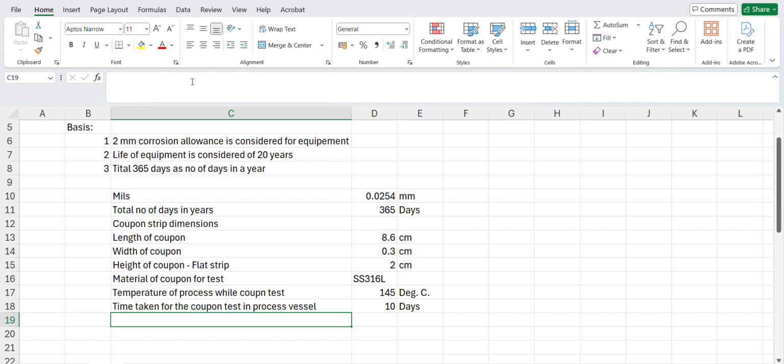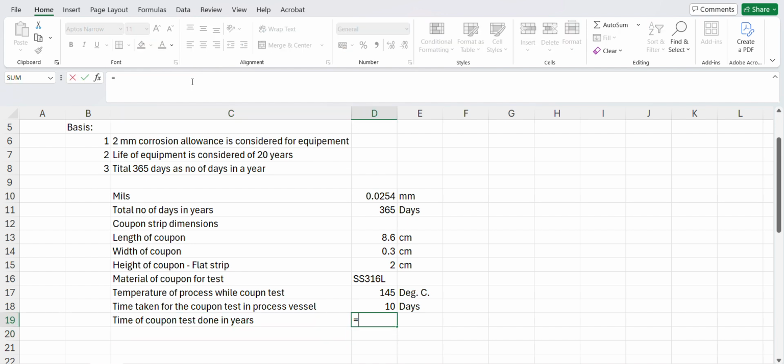Then we have to calculate the time of the coupon test in years. How many years? That is 10 divided by 365, so that much of years.